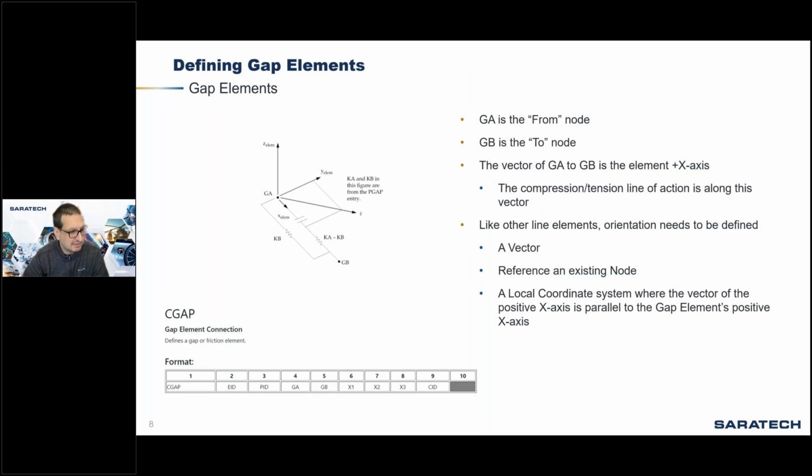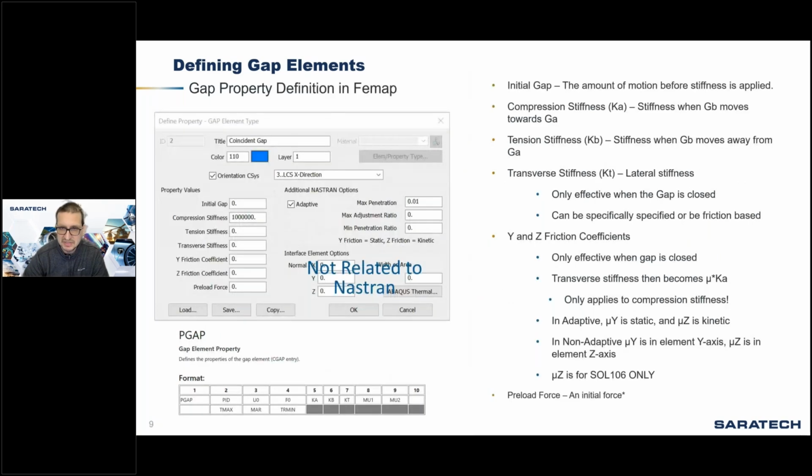So you don't necessarily have to have a physical length to it. They do work with coincident nodes, but we talked more about that in a previous video I did on using gap elements for contact in nonlinear. We're trying not to overlap or duplicate some of that in this video, so I highly recommend watching that if you want to learn more about that.